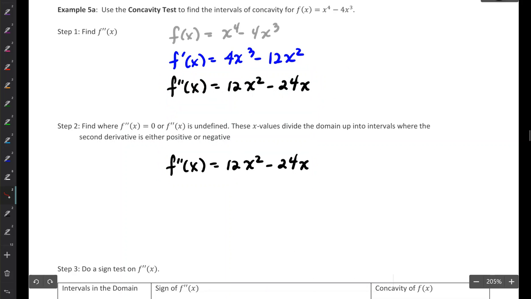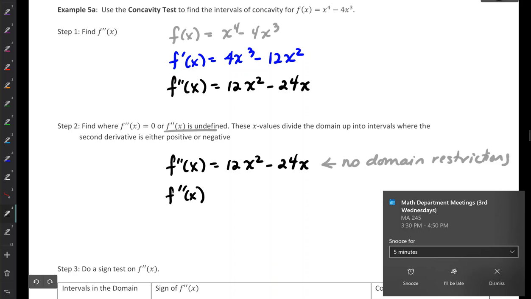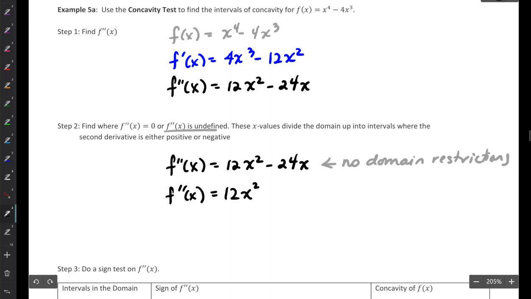Now my second derivative has no domain restrictions, so there's no x values where the second derivative is undefined. However, there is more than one x value such that the second derivative is 0.